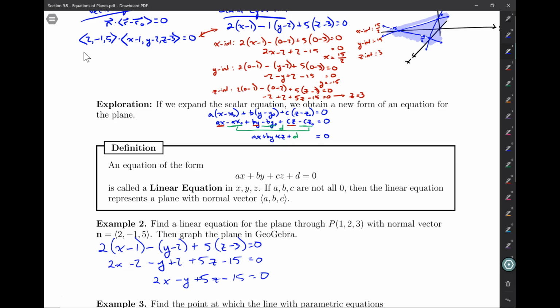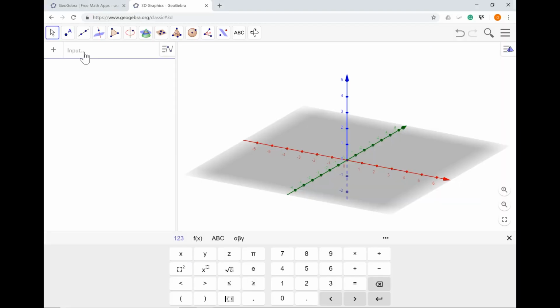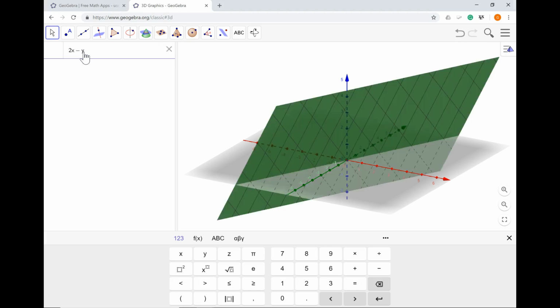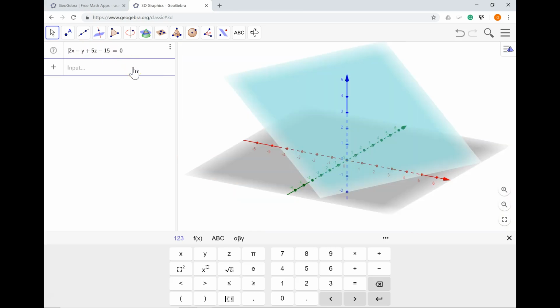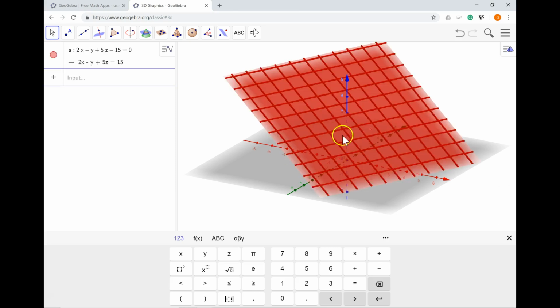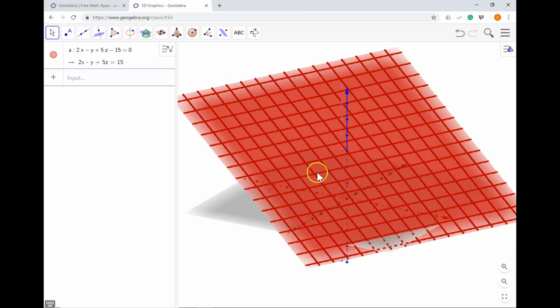So we have 2x minus y plus 5z minus 15. 2x minus y plus 5z, what was the last part? Minus 15 is equal to 0. All this other stuff just kind of auto-loaded. We'll talk about that in a later video, but here we go. 2x minus y plus 5z minus 15 equals 0. And here's a representation of our plane.